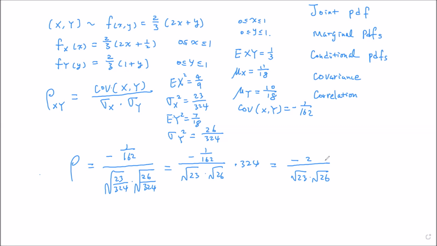And if you are able to spot that the joint density tells us the random variables are independent, then obviously correlation is 0. So you need to see that very quickly. Otherwise, you go through this long journey and probably don't have enough time in the exam.